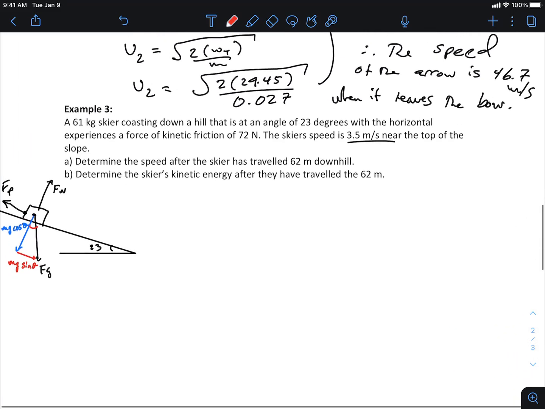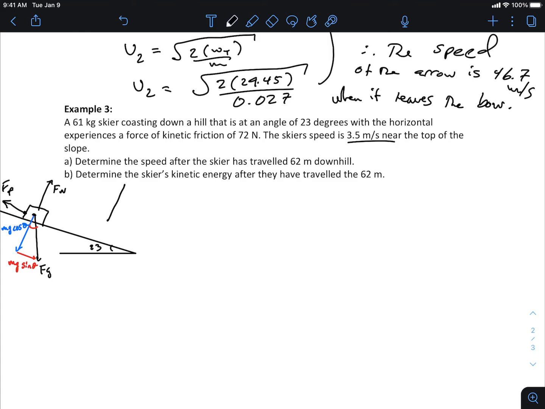Okay, does anybody have any objections so far? Or are we okay? Okay, so we learned that the total work on a system is when we sum up the forces. And remember, the forces we care about are the ones acting in the same direction as the motion or the displacement, right? So down the hill.